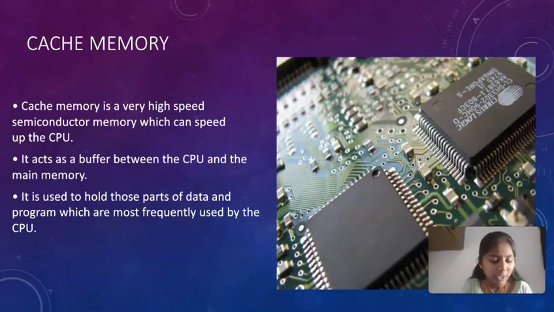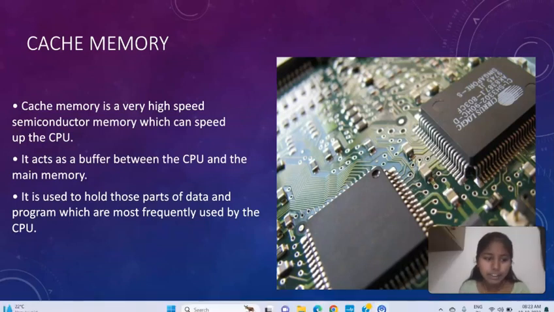Next, we will see cache memory. Cache memory is a very high-speed semiconductor memory which can speed up the CPU. It acts as a buffer between the CPU and the main memory, which means the primary memory.